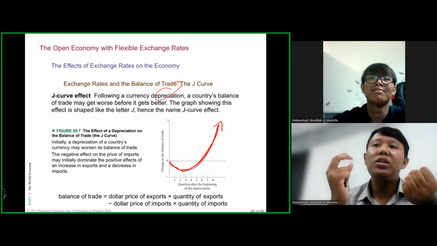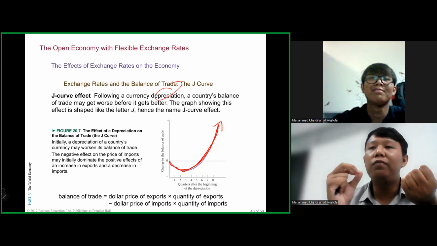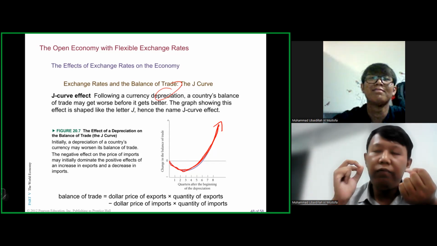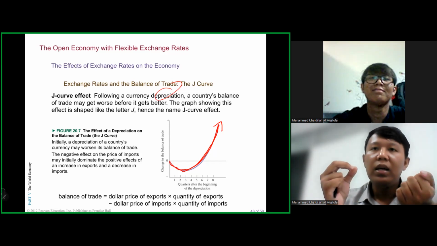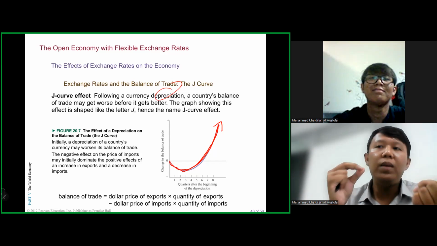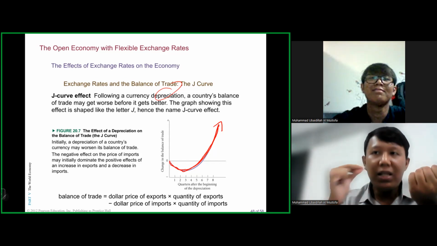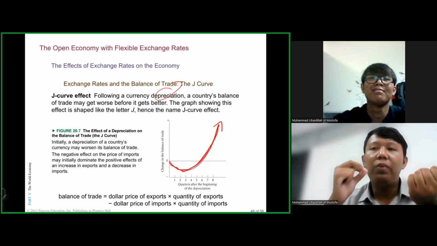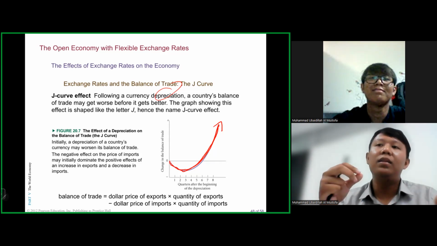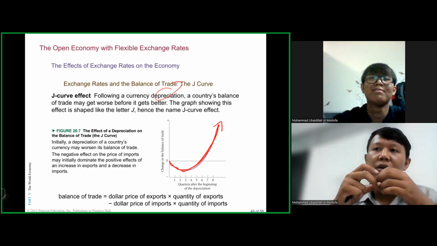Imagine you are a company buying raw materials from other countries, and suddenly your currency depreciates. The price of the raw materials becomes more expensive, so it gives you a negative effect on imports.